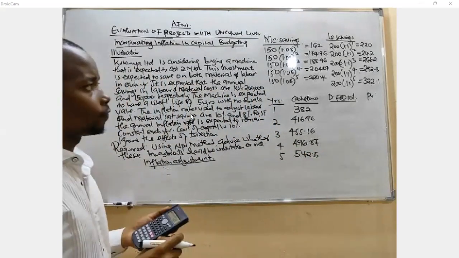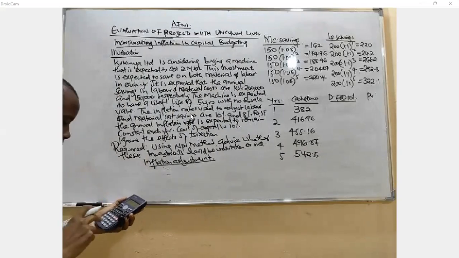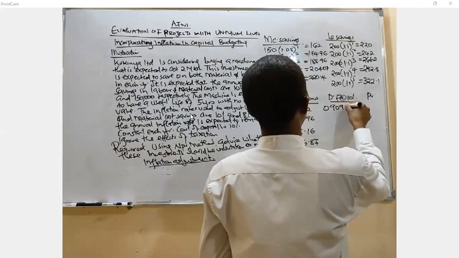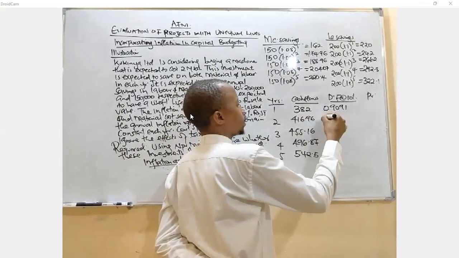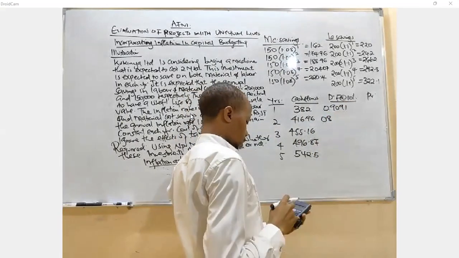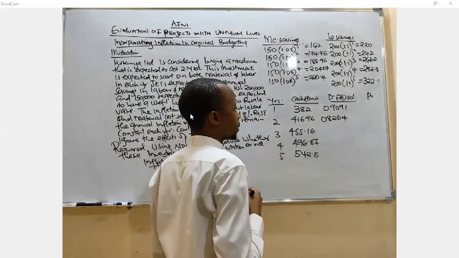The discount factor for the first is how much? 0.9091. The second one? 0.8264. If I'm not wrong. Yeah.